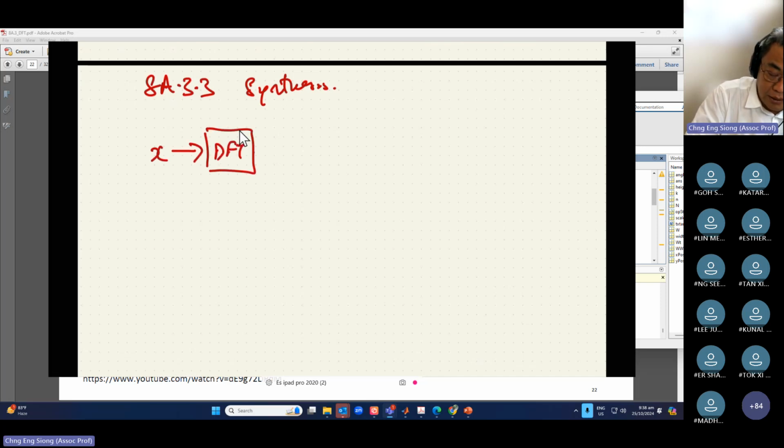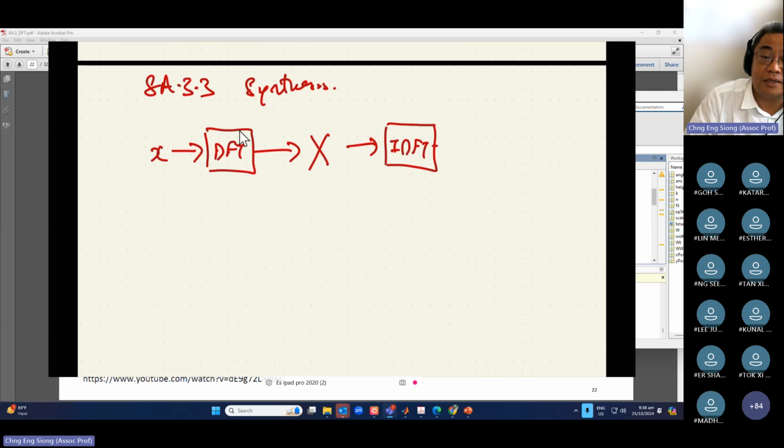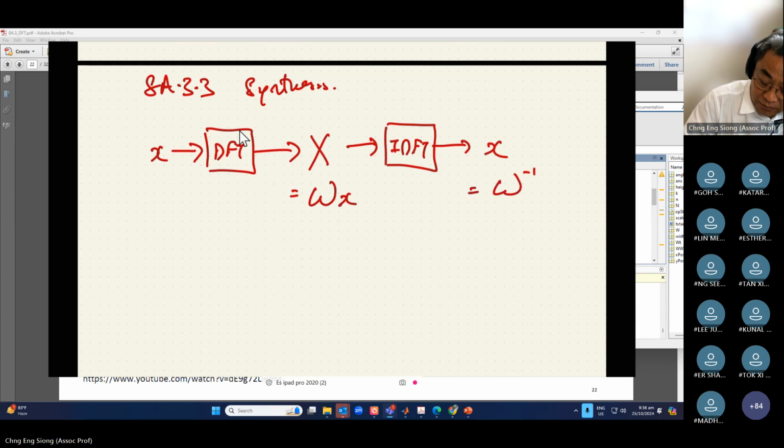It will produce what, guys? Produce the big X, right? DFT. What will it produce? The small x. So what is this? This is W minus 1 times big X. Okay, that's the pattern. That's it.